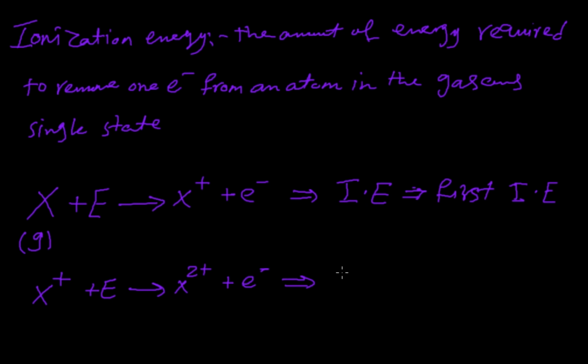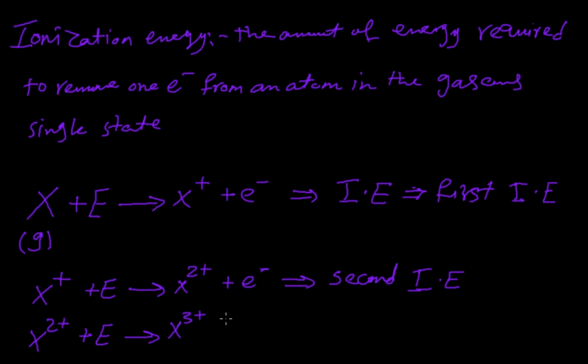This is the second ionization potential, or second ionization energy. If we want to remove another electron, we put in more energy to get an ion with 3 positive charge plus an electron.